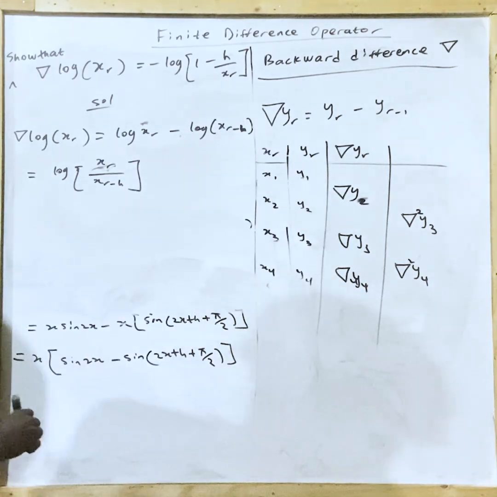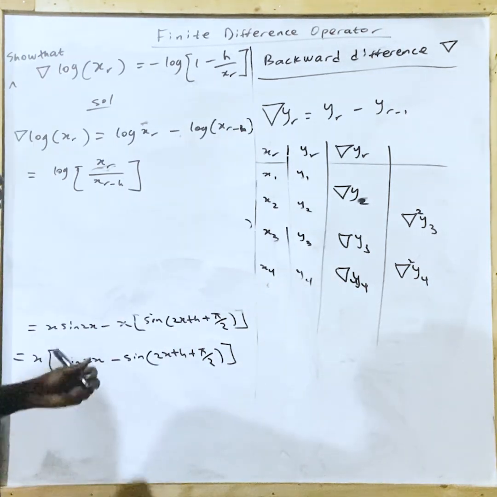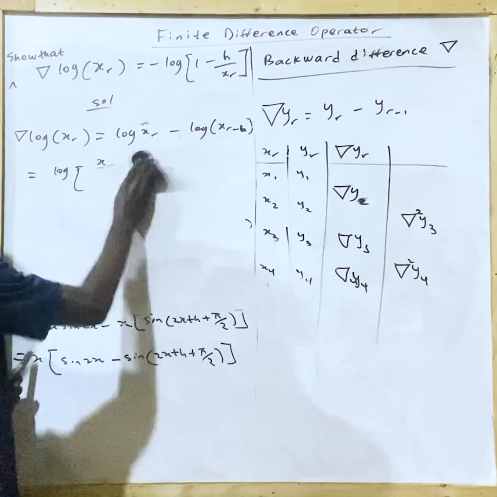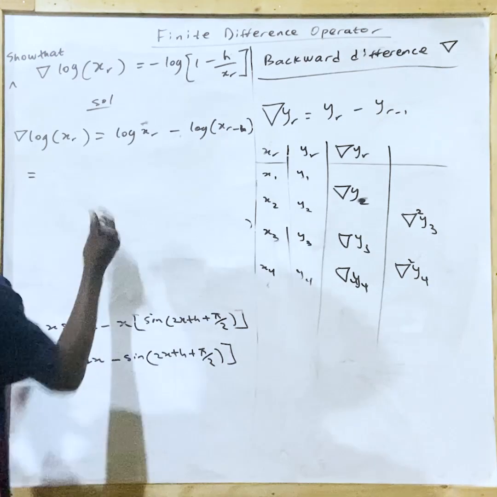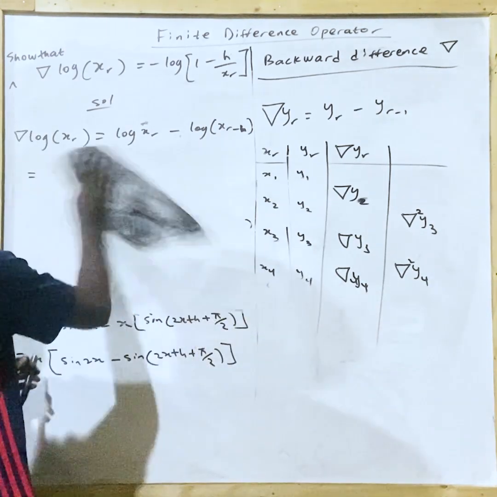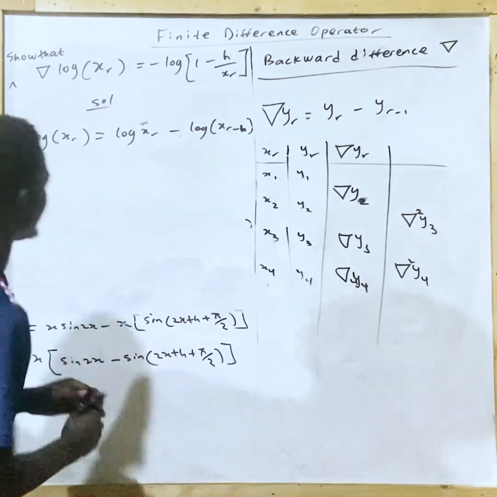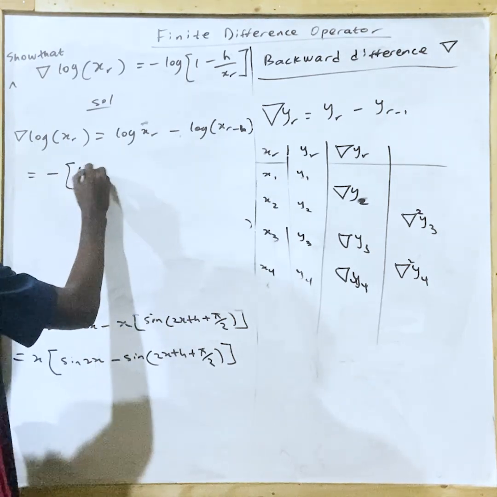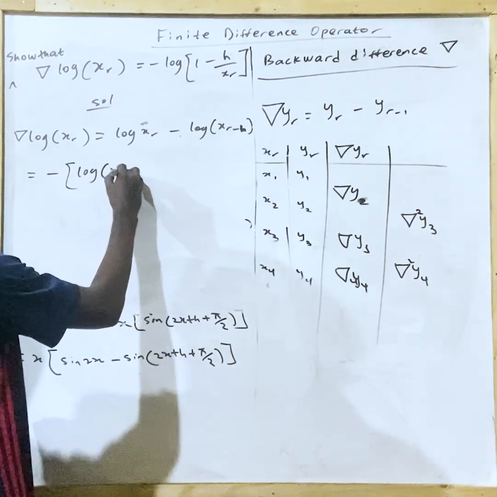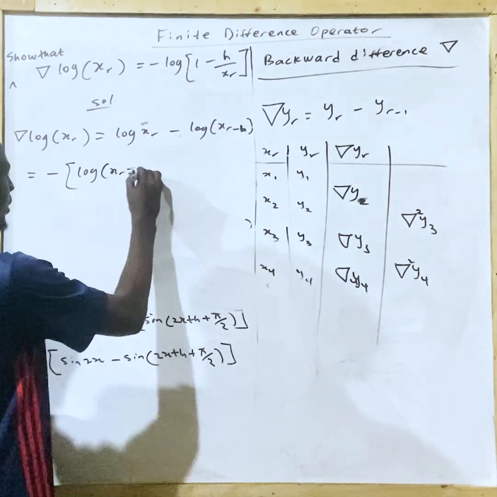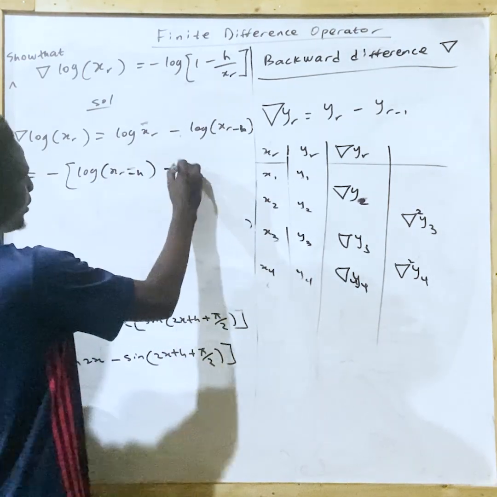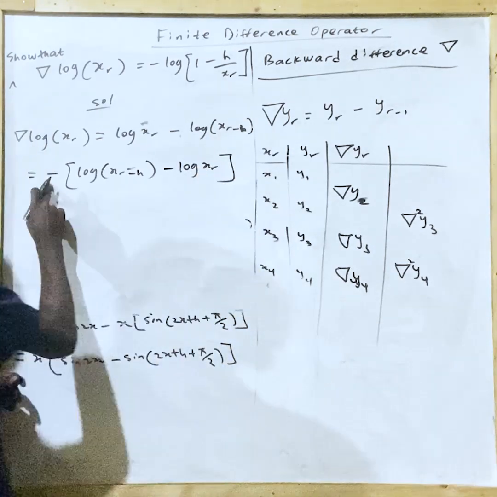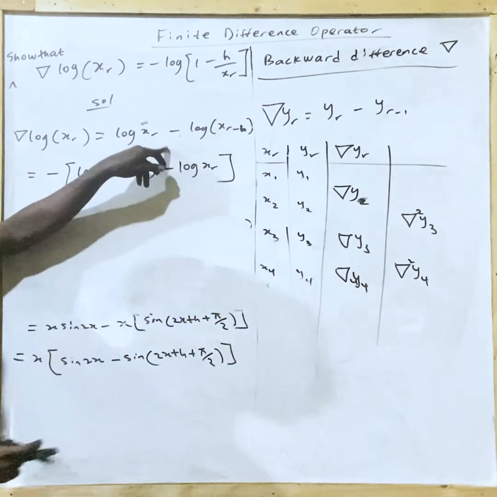So I could have taken another step here by manipulating. Instead of this step, I could have factored out the negative. So I'll be having minus into bracket log (x_r minus h) minus log x_r, where if the negative opens the bracket, I would return to my normal equation.